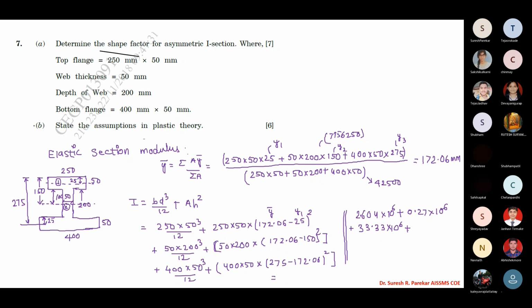Fourth term 4.87 into 10 raised to 6. Fifth term 4.17 into 10 raised to 6.